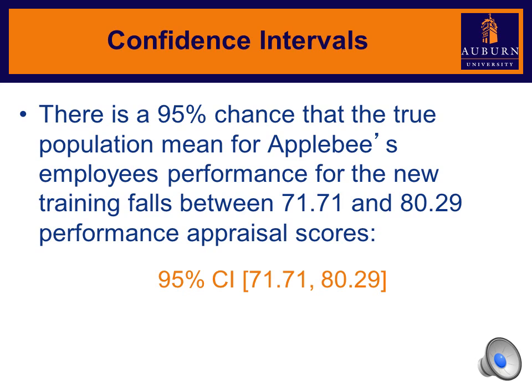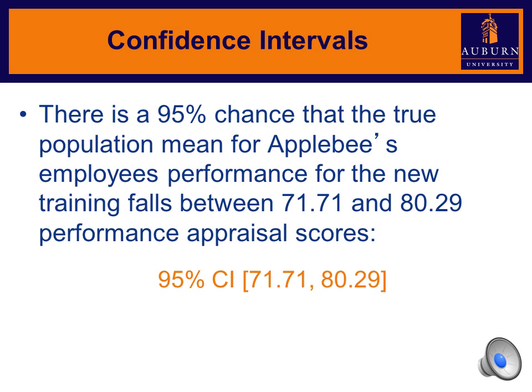So just like all of our other descriptions that we need to write, we want to include who or what's being measured, in this case Applebee's employees. We want to include what's being measured, we're talking about performance. We want to talk about the group that is based on our sample, so in this case those with the new training. We want to include our percent chance, and we want to include that we're looking for the population mean.